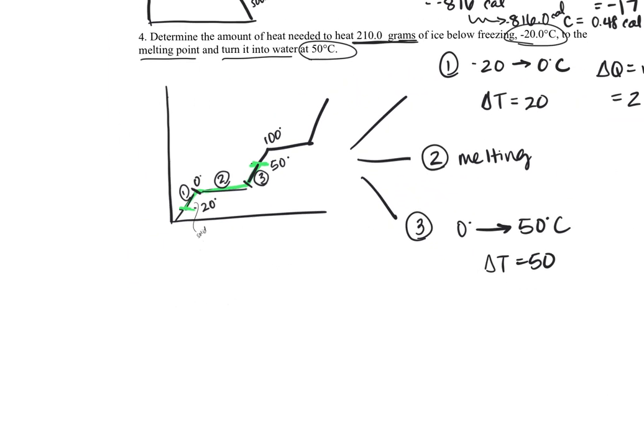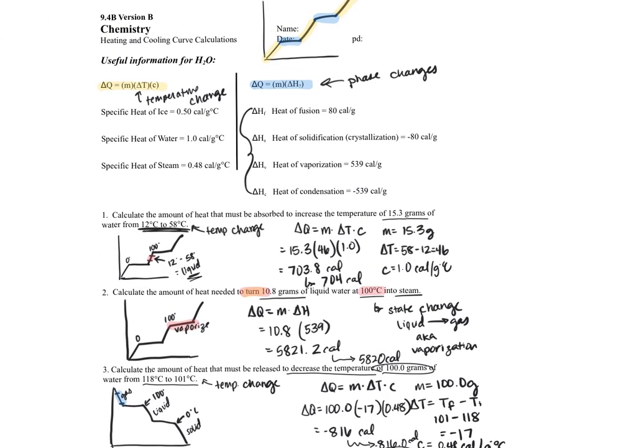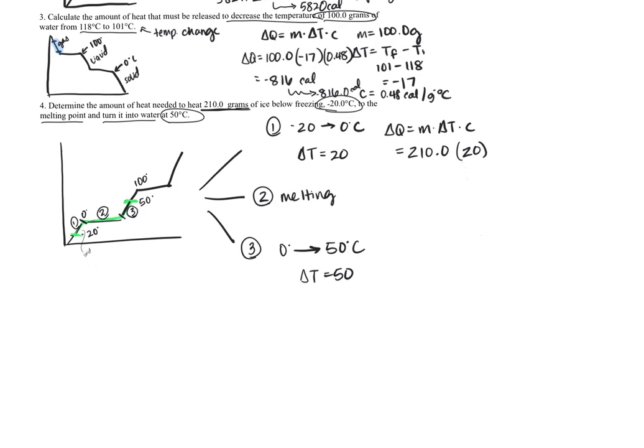So I want to use the specific heat that coordinates with the solid or ice. So that's going to be 0.5 cals per gram degrees Celsius. So I multiply all that together, and my first chunk, that first segment of the graph that I'm going to be traveling up, is going to require 2,100 calories.